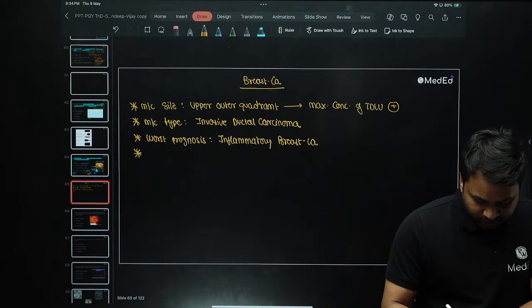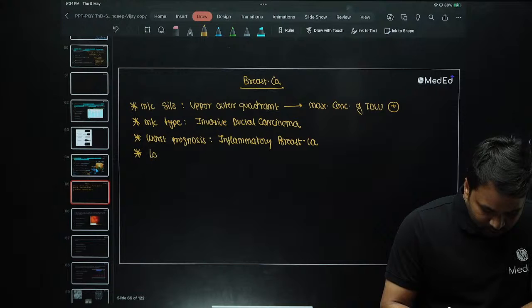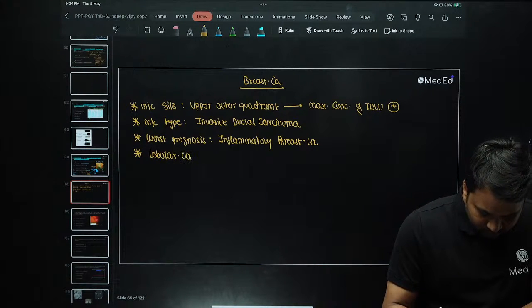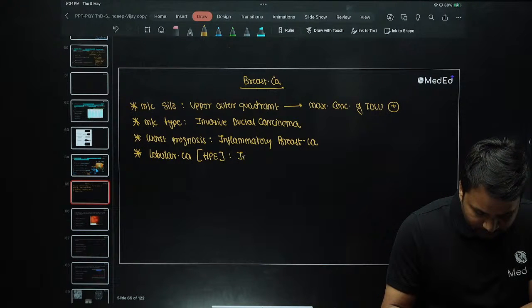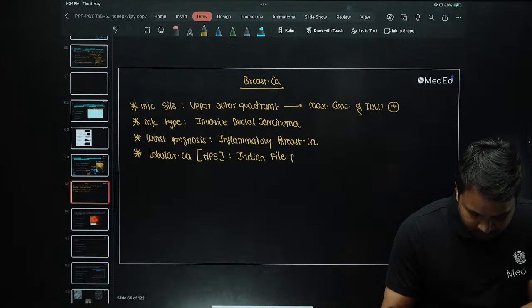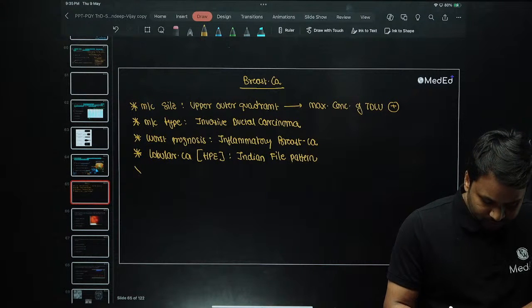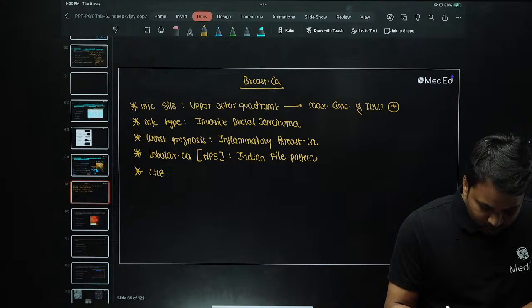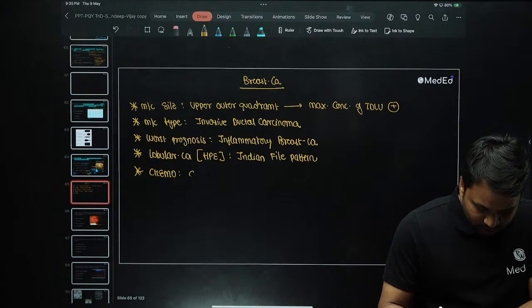Now, if we say in lobular carcinoma, if you look at the HPE finding, remember it is the Indian file pattern. The chemo regimen that you need to know is your CAF regimen.